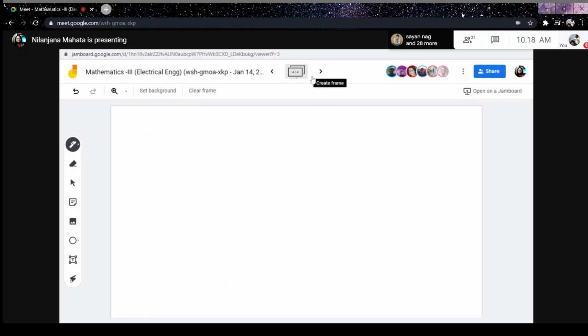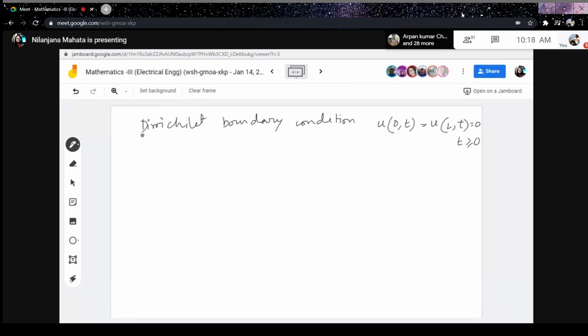Suppose I am considering the Dirichlet boundary conditions, that is u(0,t) is equal to u(L,t) is equal to 0 for all t greater than or equal to 0.